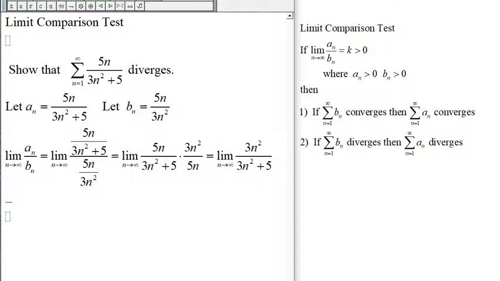And then to find this limit, we can notice that if we let n approach infinity, then the top will go to infinity, the bottom will also go to infinity, which means we can use L'Hopital's rule. But here, this one is simple enough. We can just divide the top and the bottom by 3n squared.